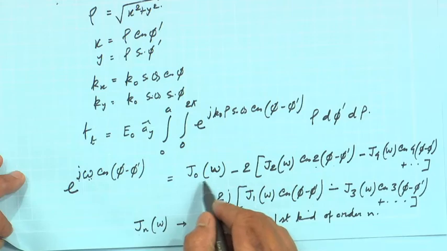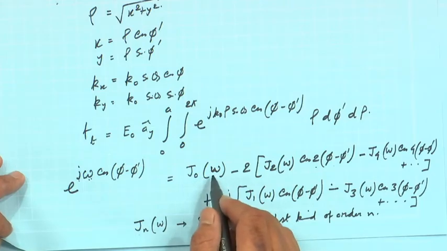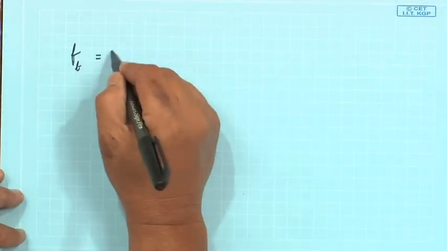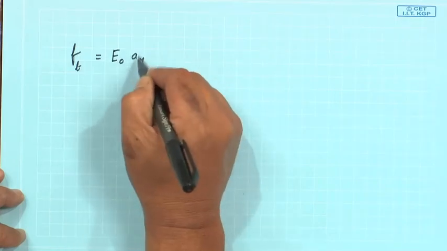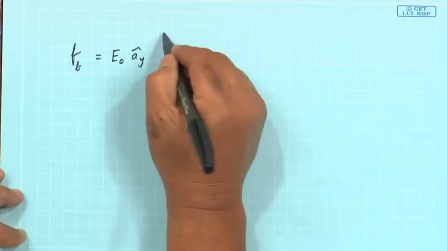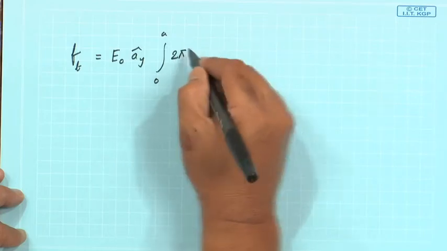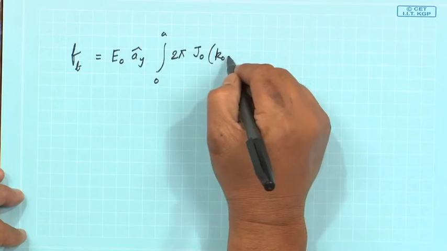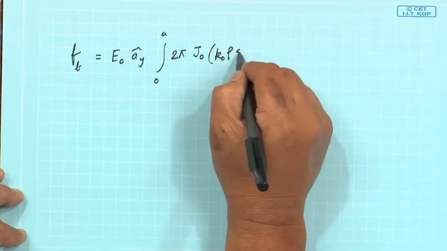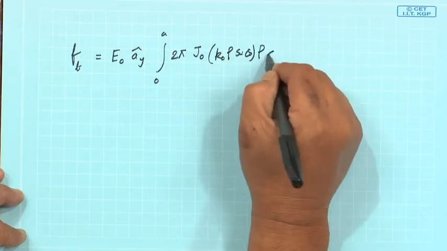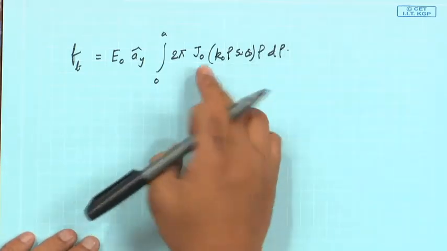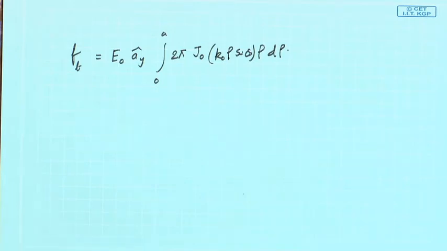Only the thing that does not become 0 is J0(omega). So, F_T comes out as E0 a_y, integral from 0 to a, 2 pi J0(k0 rho sin theta) rho d rho. So, it is an integration of a Bessel function of 0 order.